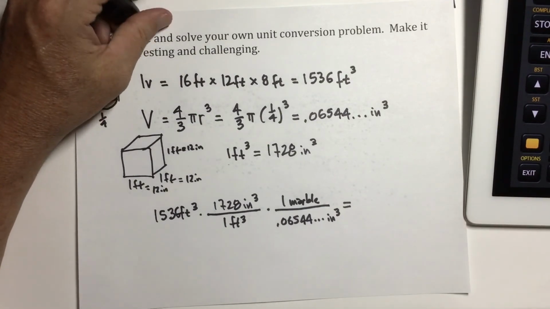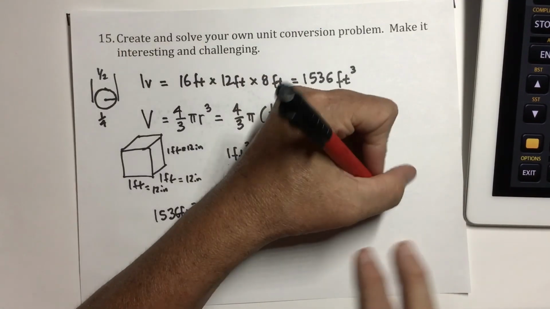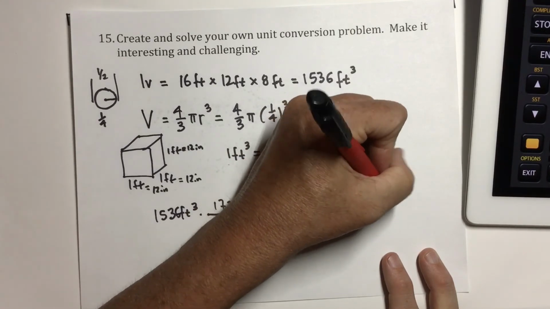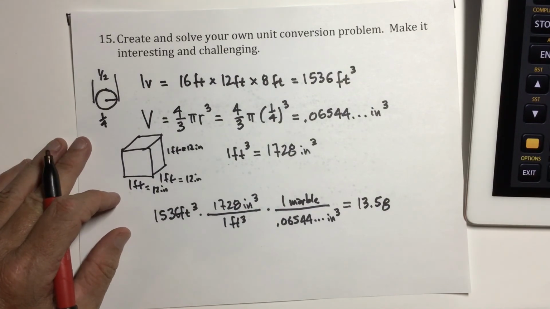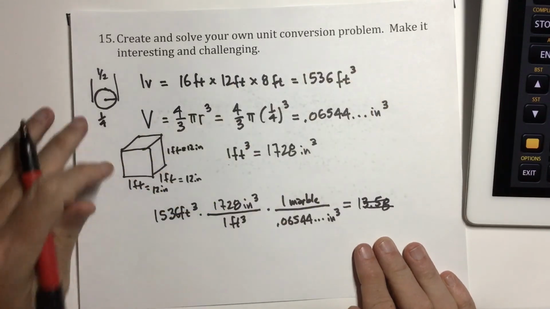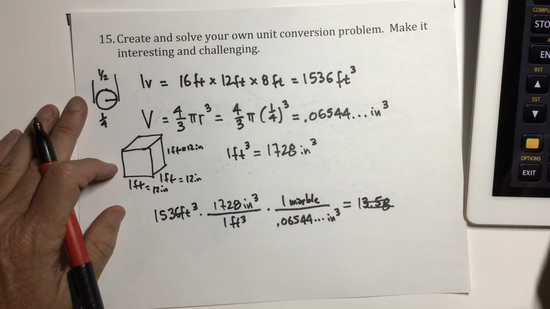And I've clearly made a mistake somewhere, a colossal mistake, because I came up with 13.58 marbles, which is not correct. Oh, I must have screwed up there. Hang on. I'm not done yet. Obviously, that's going to be an enormous number. So let's do this again.